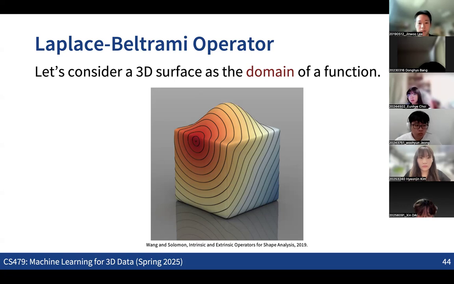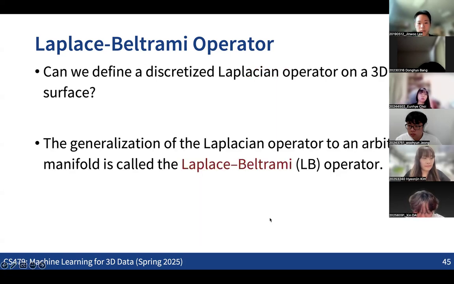As we have done Laplacian-based editing and reconstruction, we can do the same for functions defined over the surface, which means that, as we represent the function as a vector, we can also define a matrix that becomes the Laplacian operator over the surface.